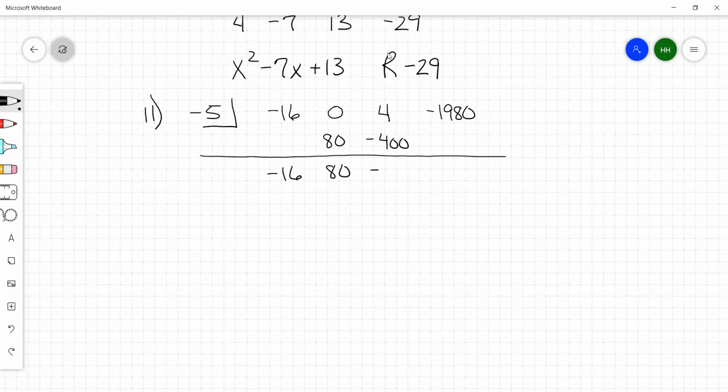And this would be -396. 396 times 5 is 1980. So that's a remainder of 0. So your quotient would be -16x squared plus 80x minus 396.